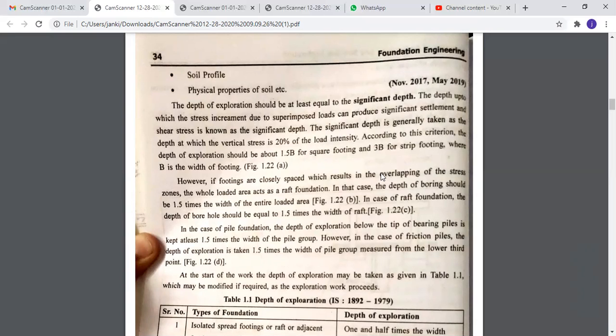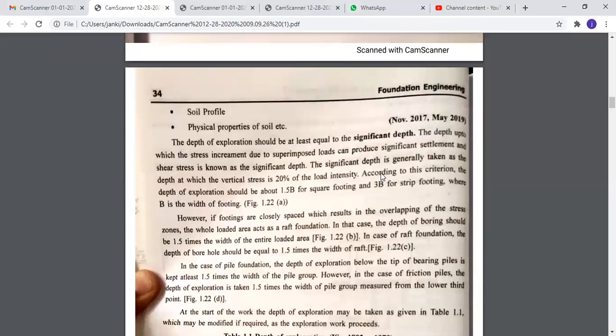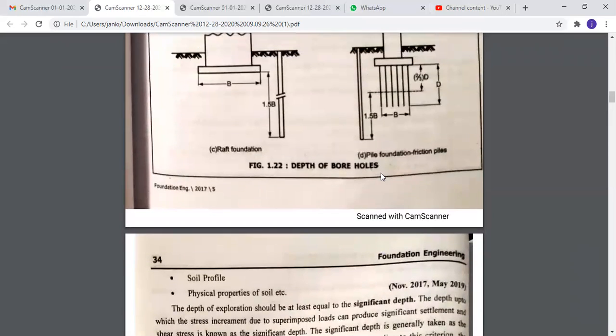According to this criterion, the depth of exploration should be about 1.5 times the width for a square footing and 3 times the width of footing for a strip footing. The width of footing is as described earlier.